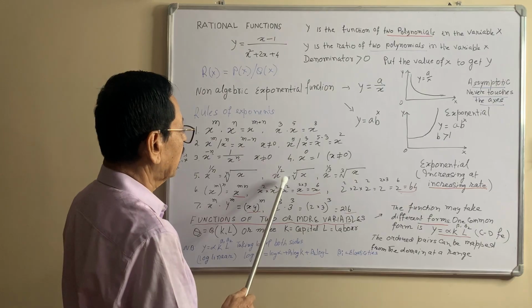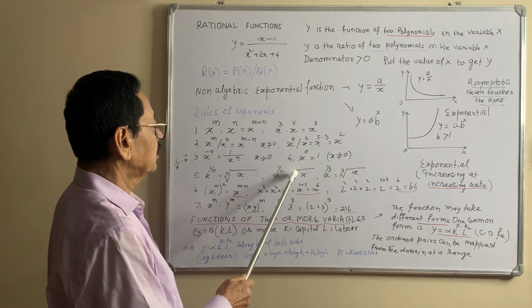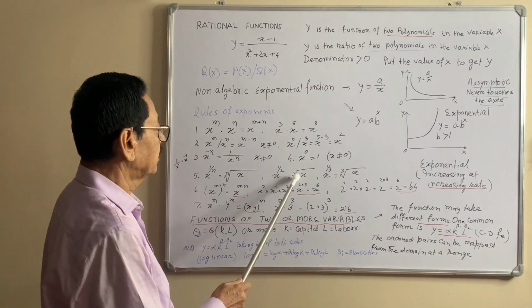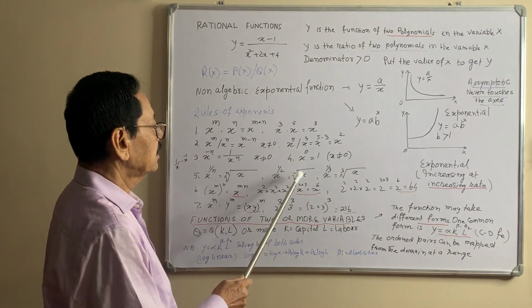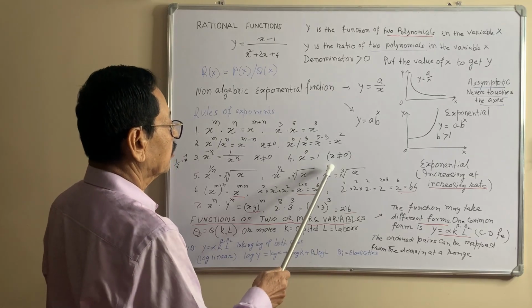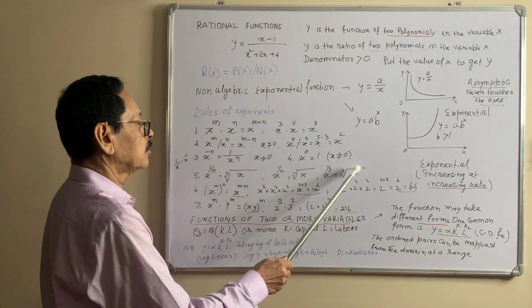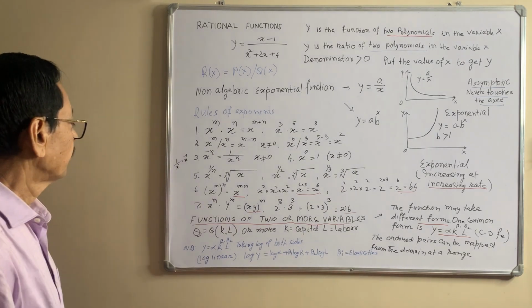So x to the power half means the square root; 2 is not mentioned, it is understood that if nothing is written here, it is the square root. Then x to the power 1 by 3 means the third root of x.